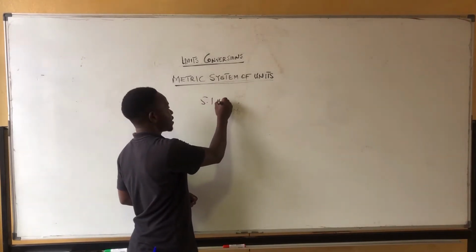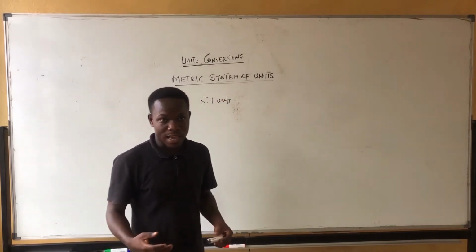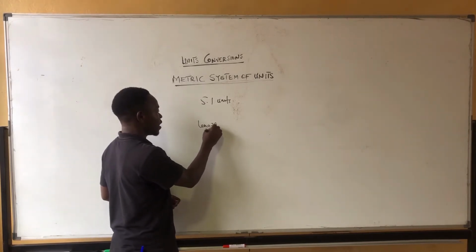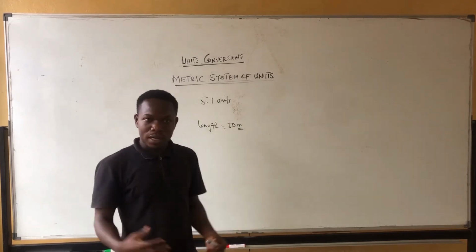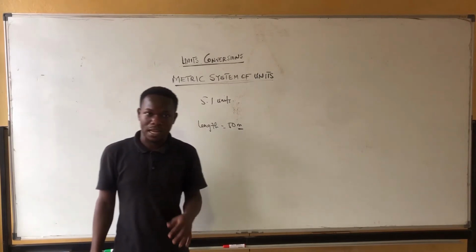They are the standard units that we use in the metric system in science. So if I measure length, I'll say the length that I've measured is 50 meters. All scientists have agreed to record length in meters. That is what it means for it to be an SI unit or a standard unit.